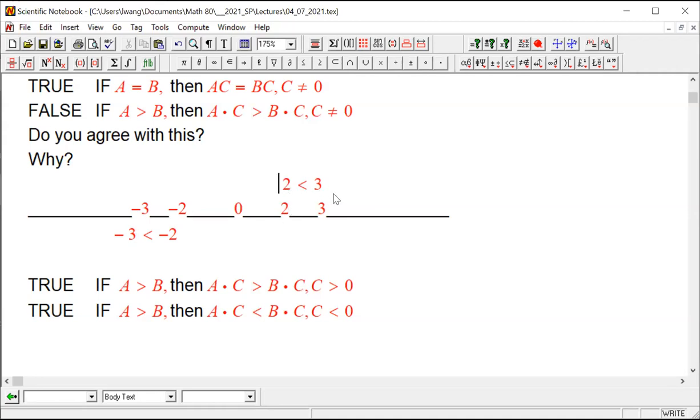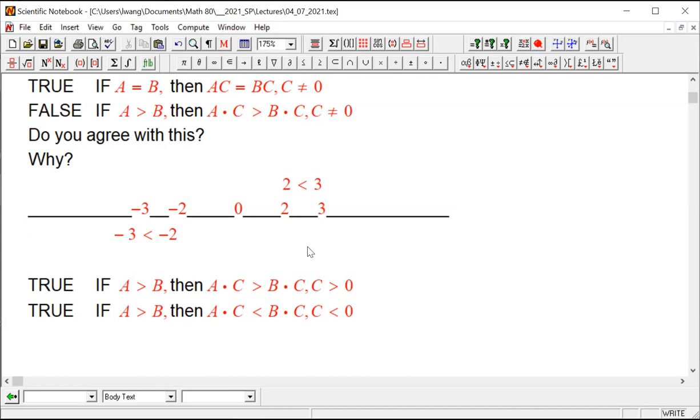2 is less than 3. Negative 2 is larger than negative 3. When you put a negative sign in front of it, you switch the direction. Don't you? Do you see that? So for that reason, I want you guys to write it down and be convinced. I don't want you to have to memorize it.